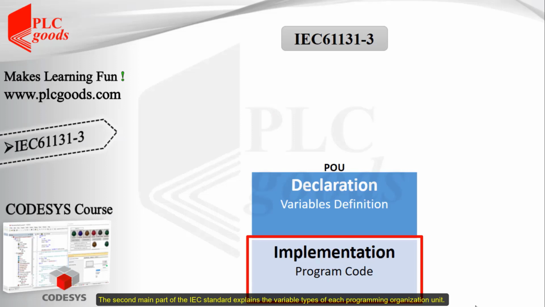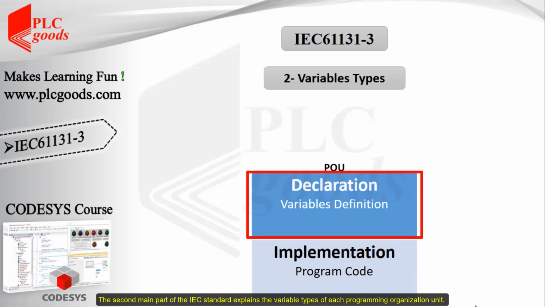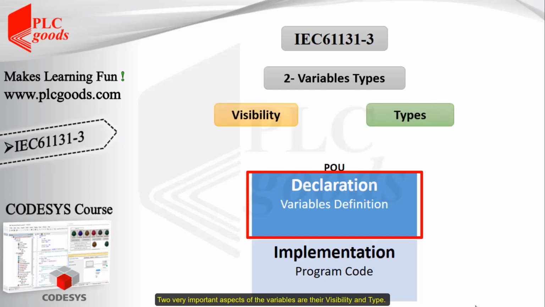The second main part of the IEC standard explains the variable types of each programming organization unit. Variables are data containers located in a portion of the controller memory on which various types of operations can be performed. Two very important aspects of the variables are their visibility and type.